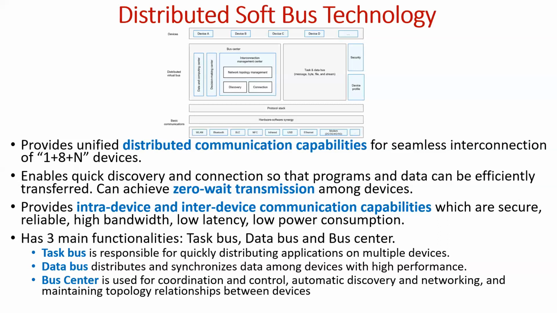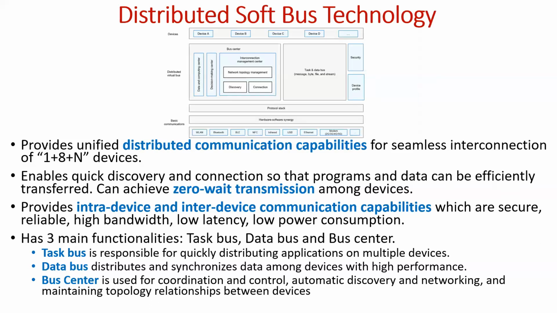In this 1+8+N notation, the one is the smartphone, and the eight are secondary devices around the smartwatch and smartphone, and then N forms the infinite possibility set of smart devices that can be used to achieve different functionality.